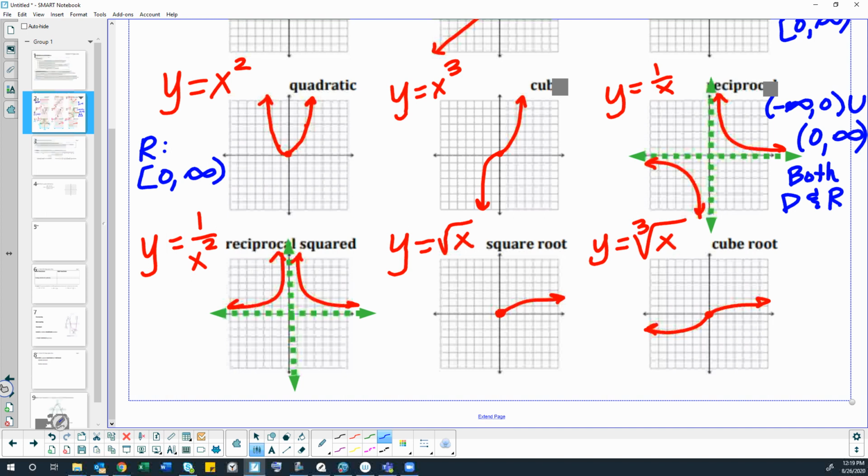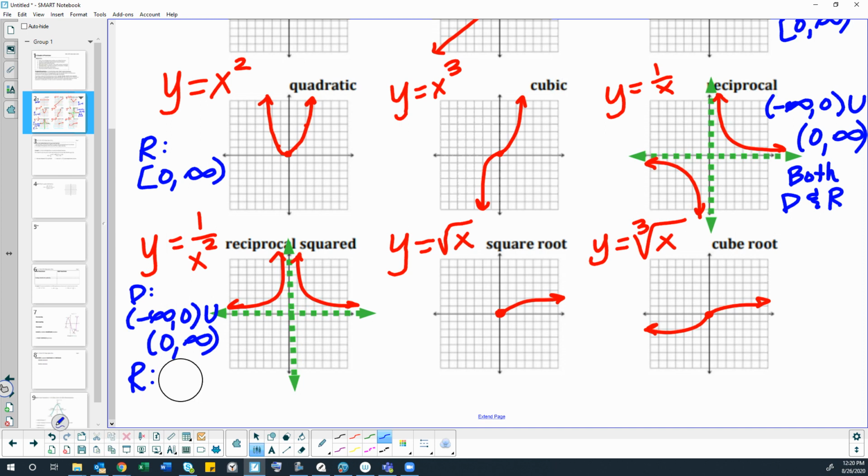This one has the same domain as the reciprocal function, but the range is just going to be from 0. So domain is going to be from negative infinity to 0, 0 to infinity. But the range will be from negative.